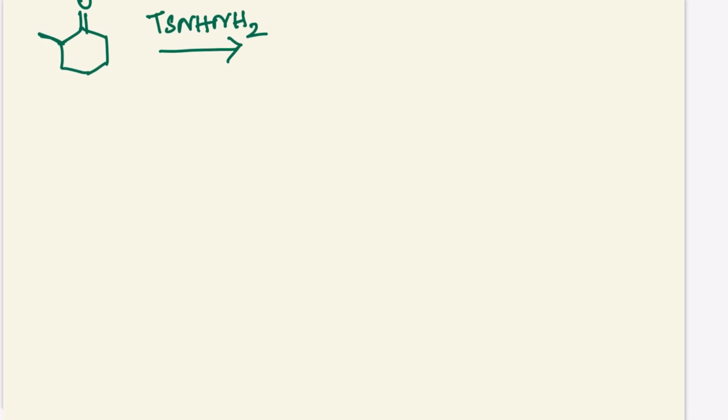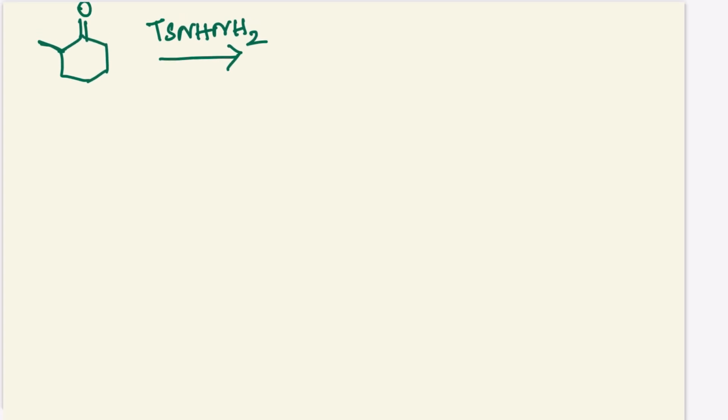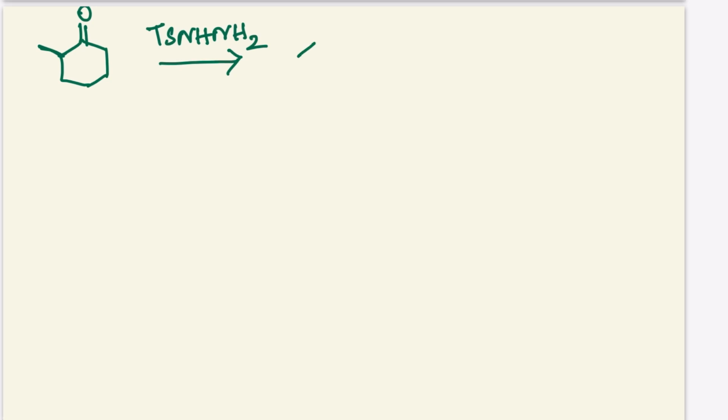If you react it with tosyl hydrazine, we get the tosyl hydrazone, C double bond N, NH and Ts. Here there are two possibilities for the alpha hydrogen, one over here and the other here.